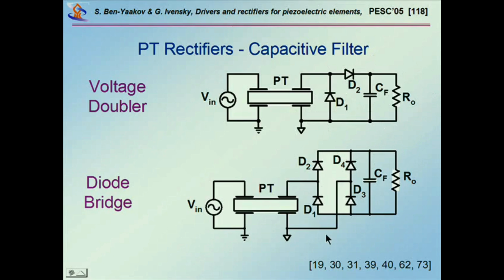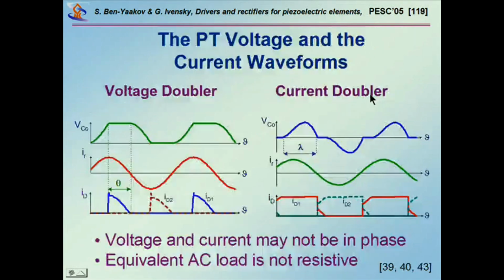You get higher voltages, of course, or you can use a full bridge to get DC with this capacitive loading. Now, what's happening with these two types of rectifiers? I'm not going into too much detail because this will take us the full day, so we'll just go on the basic relationship here. What really happens is that, say for the voltage doubler, the voltage on the output capacitor is going up until the diode starts to conduct, and then it clamps to the output.